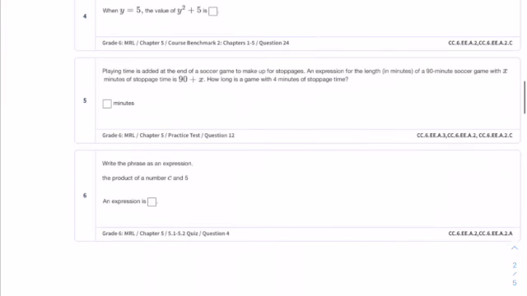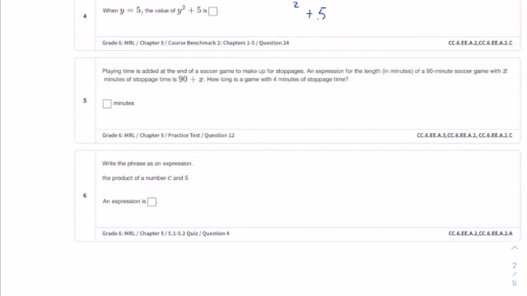When y equals 5, the value of y squared plus 5 is blank. So if y equals 5, that means it's y squared plus 5. Whenever it says find the value, I'm just trying to find the answer for whatever variable it gave me.